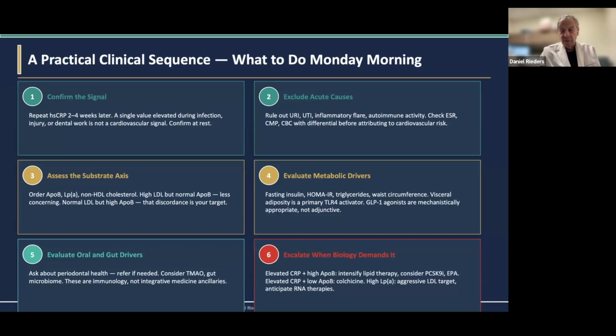And then if there are red flags, if you have an elevated test like an MPO or an MMP9, which is really hard to get ordered anymore. Up to a year ago, it was easy to get. And Lp-PLA2, those would be red flags, or a CT angio which shows a thin fibrous cap and a lot of necrotic plaque, particularly in dangerous places in the coronary artery tree, that would be someone that we'd like to act on.